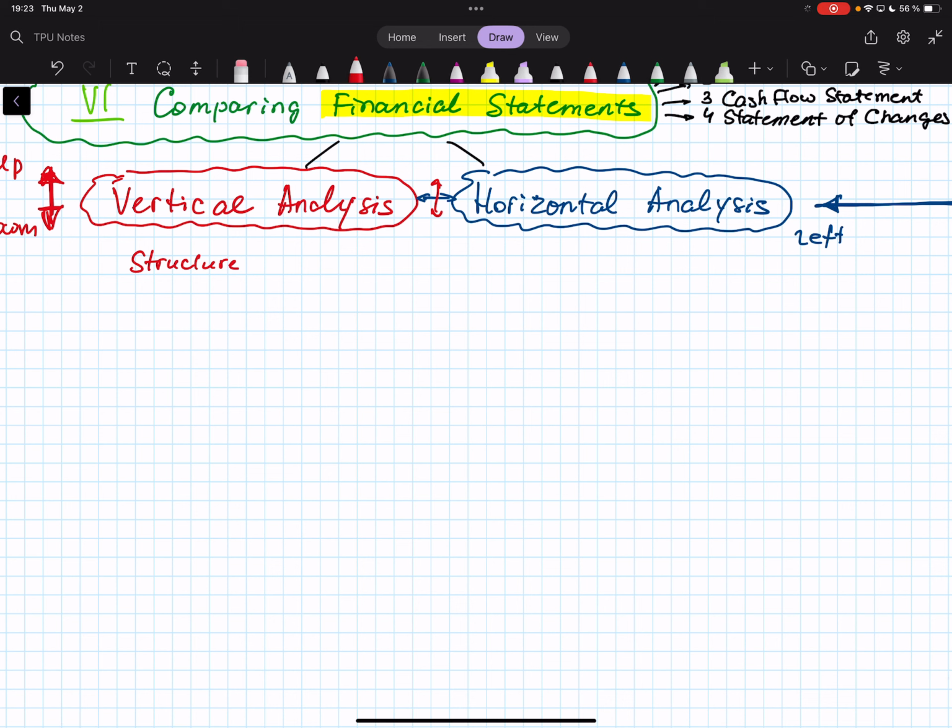The horizontal analysis is often called dynamics analysis. Structure and dynamics.